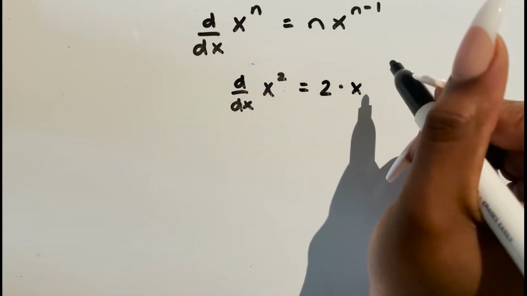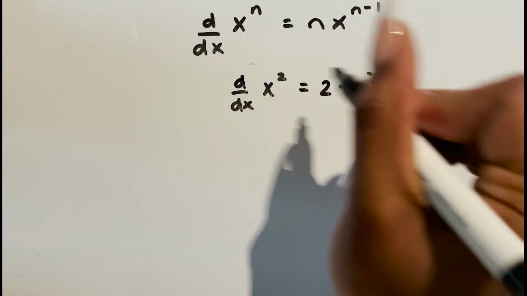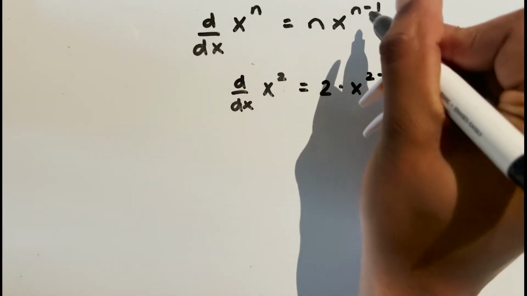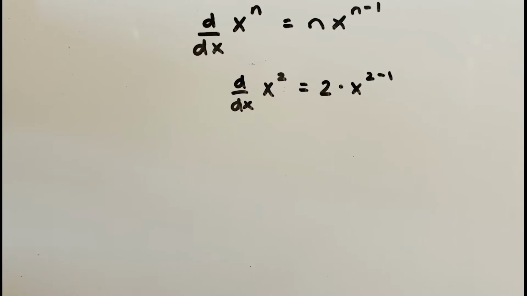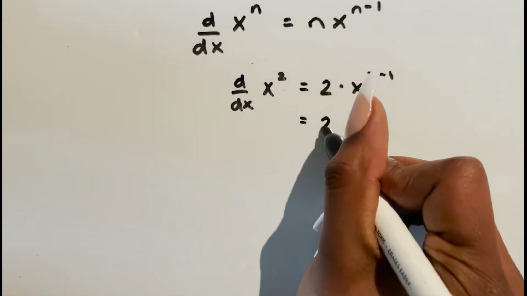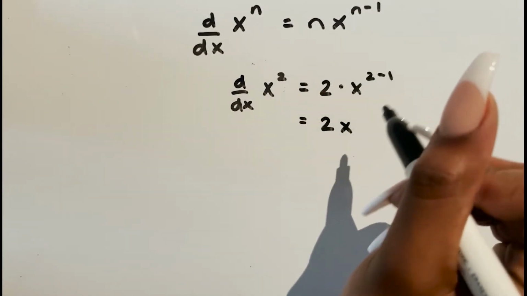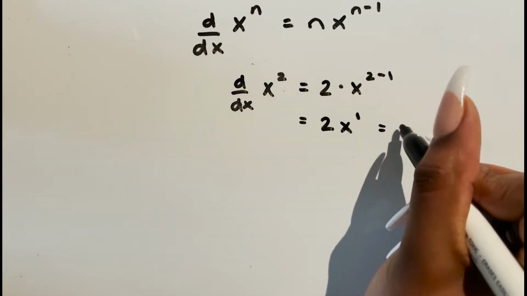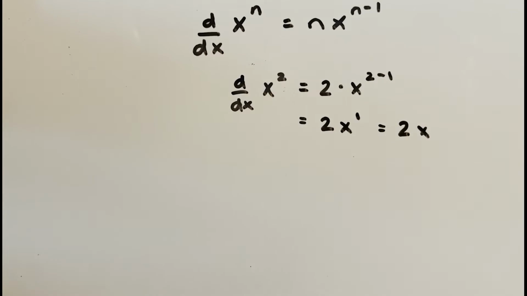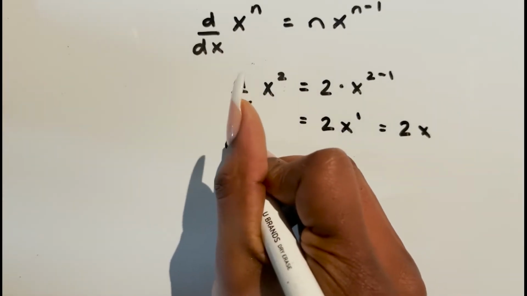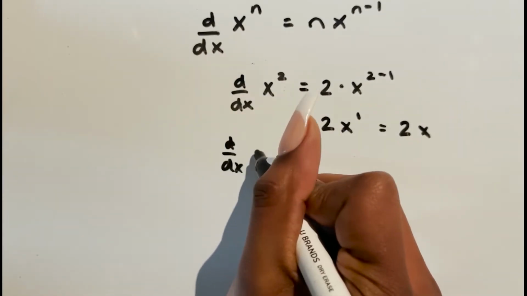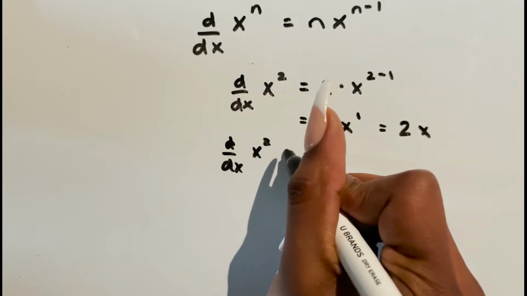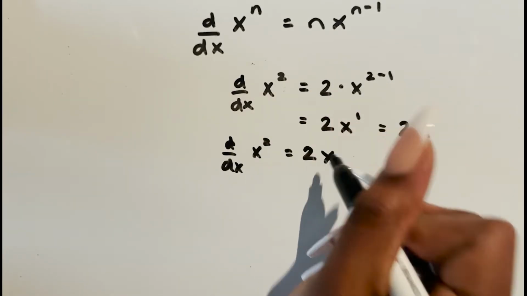And then we'll subtract 1 from 2. So that's 2, our n, minus 1. Simplifying, we get 2x, and then 2 minus 1 equals 1. This also equals just 2x. So we see that the derivative of x squared equals 2x.